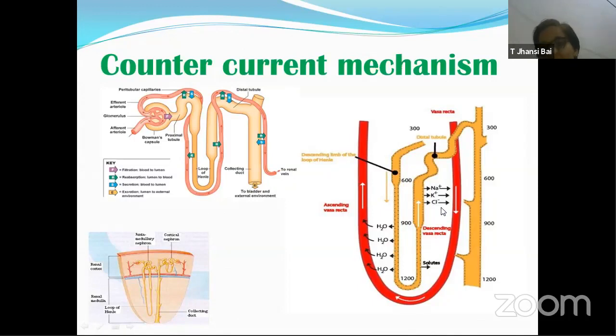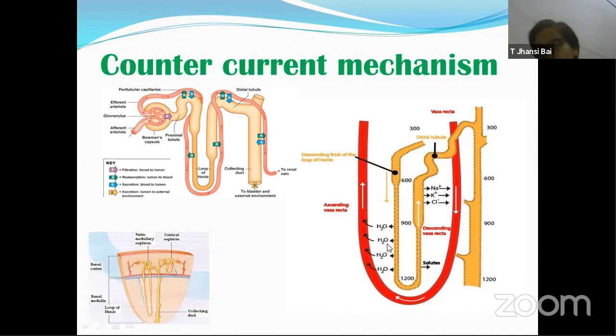For that reason, we need sodium ions over here, and a minute concentration of urea. That is why urea is absorbed from the collecting duct; a small amount of it moves to maintain concentration. Once again, why do we need concentration in this interstitium? Because only then can water come out. Water reabsorption occurs.